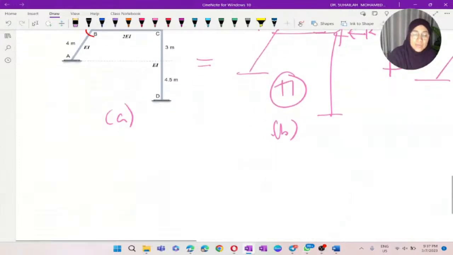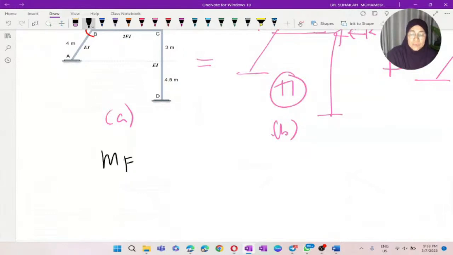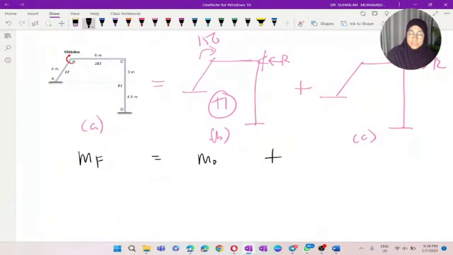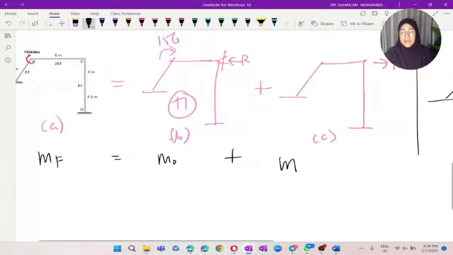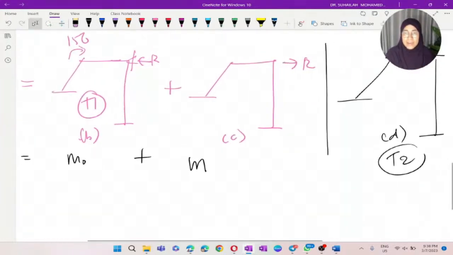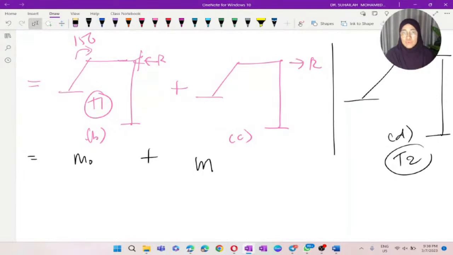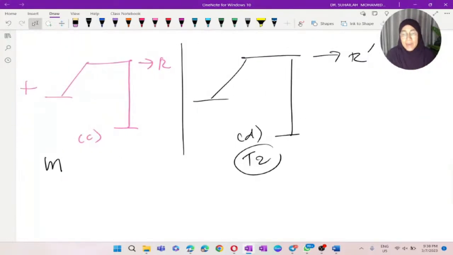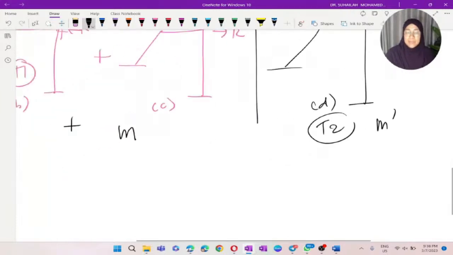So we want to calculate the final end moment, MF, and the end moment that we get from table 1, we label as M naught. The end moment or internal moment due to R we label as M, and the end moment due to R prime we label as M prime.